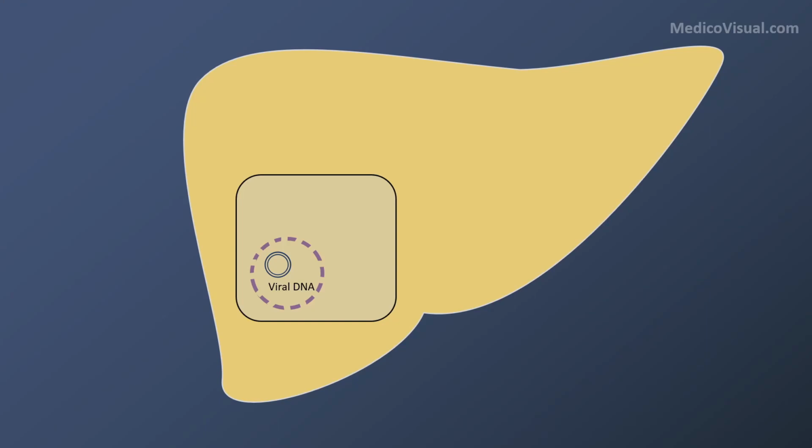Today, we will discuss the immunopathogenesis of hepatitis B virus, and along with that, we will also discuss the mechanisms by which hepatitis B virus evades the immune system of our body. So let's suppose this is a hepatocyte that has been infected with the virus.